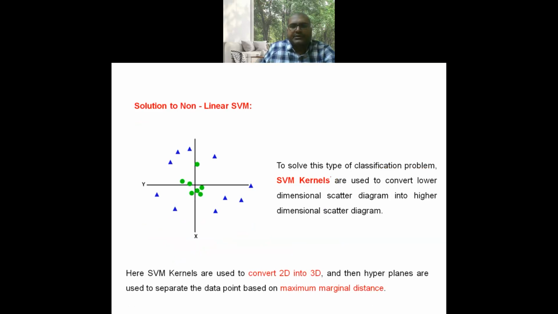Now I explained SVM kernels. They are used to convert lower dimensional data into higher dimensional data. If the data is in 2D, then this can be converted to 3D with the help of SVM kernels, and then apply the SVM algorithm to classify the data. Once again, you can use the same concept, maximum marginal distance.